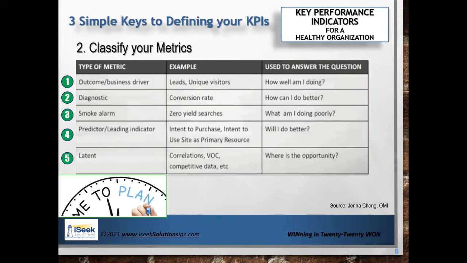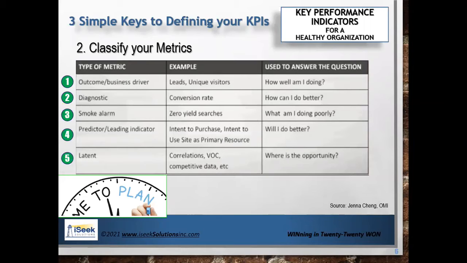But the goal here is to set up what questions you're trying to answer. And you see here that we give you 5 really good examples of types of metrics that are usable.